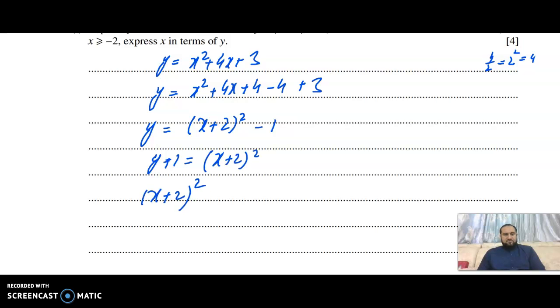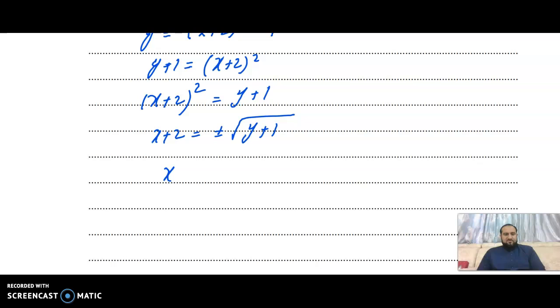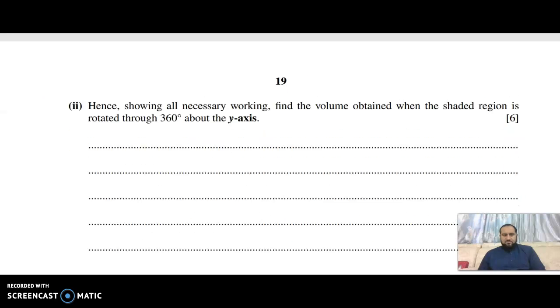So x plus 2 whole square is equal to y plus 1. So x plus 2 is equal to plus minus square root of y plus 1. And from here we can take only the positive part of it, which is square root of y plus 1.